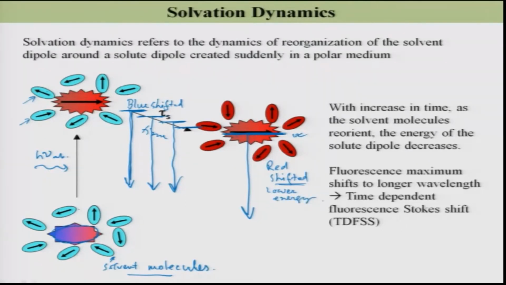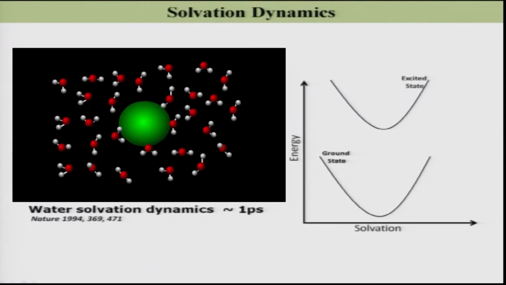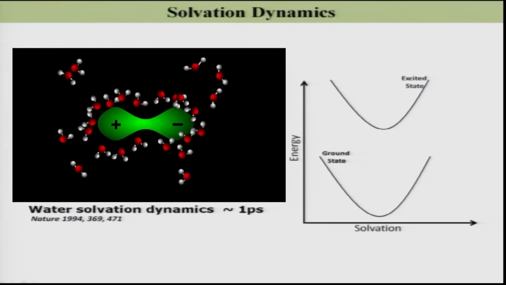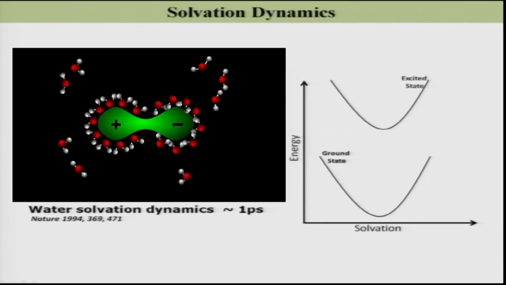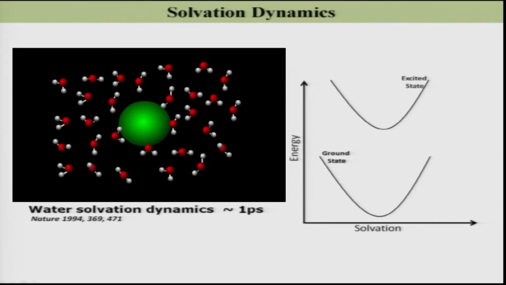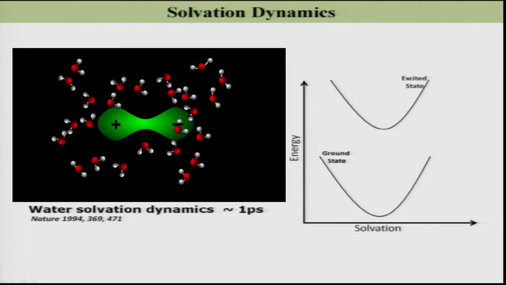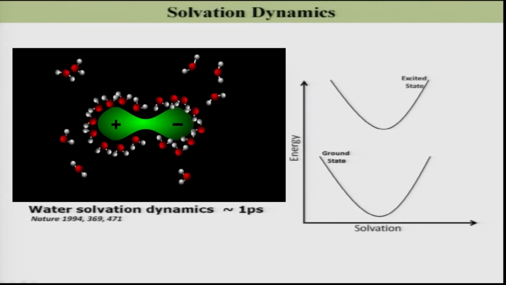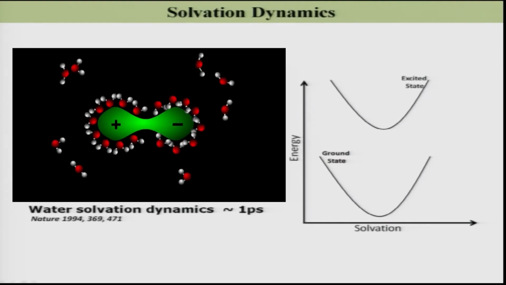Just to show you this, I have one small video over here. Let us say this is your solute molecule, and after the photoexcitation the dipole has been created instantaneously. Now you see that the orientation of the solvent molecules is random, but when the dipole is created, as you can see over here, the solvent molecules will reorient themselves to stabilize the species.